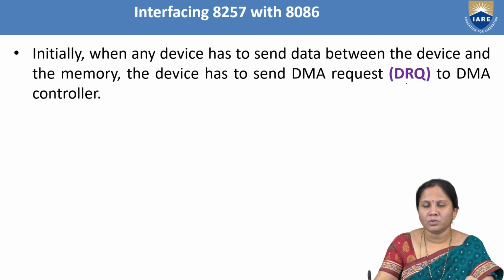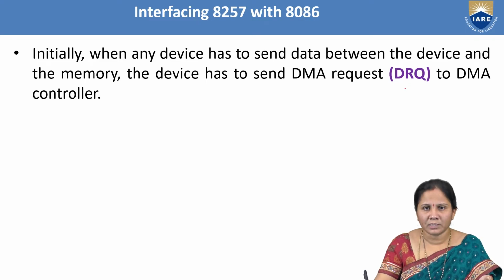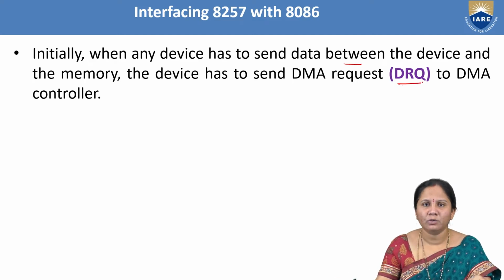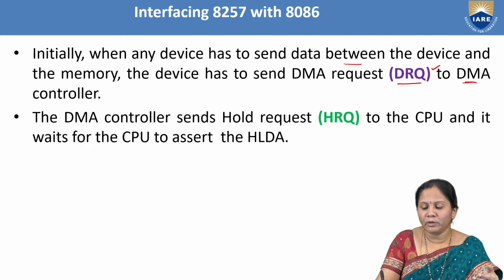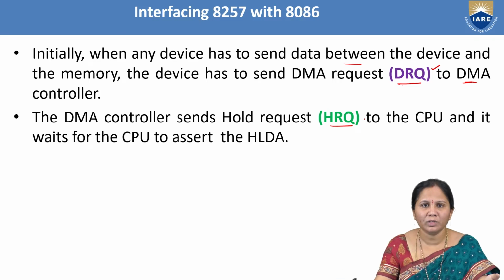Now, based on the diagram we have discussed, initially when data has to be sent between the device and the memory, the device first sends one signal called the DRQ signal, the DMA request signal, to the DMA controller. After this DMA request signal is received, the DMA controller is going to send the hold request signal to the CPU, that is the microprocessor.